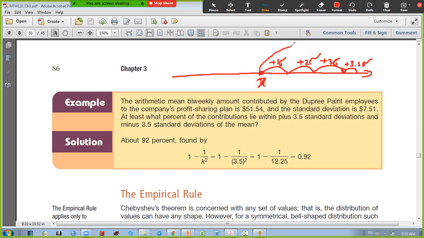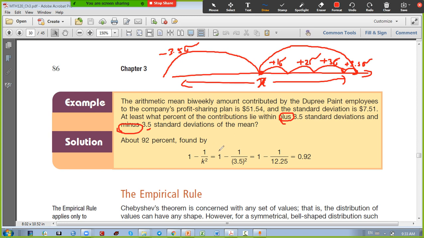So from the mean to this point, 3.5 standard. This is plus 3.5 standard, and we also have minus 3.5 standard from the mean. Okay, that's why plus is the right hand side from the mean, and minus is the left hand side from the mean. So normally it's symmetric. If this is 3.5 standard plus, it must be 3.5 standard minus. Okay.